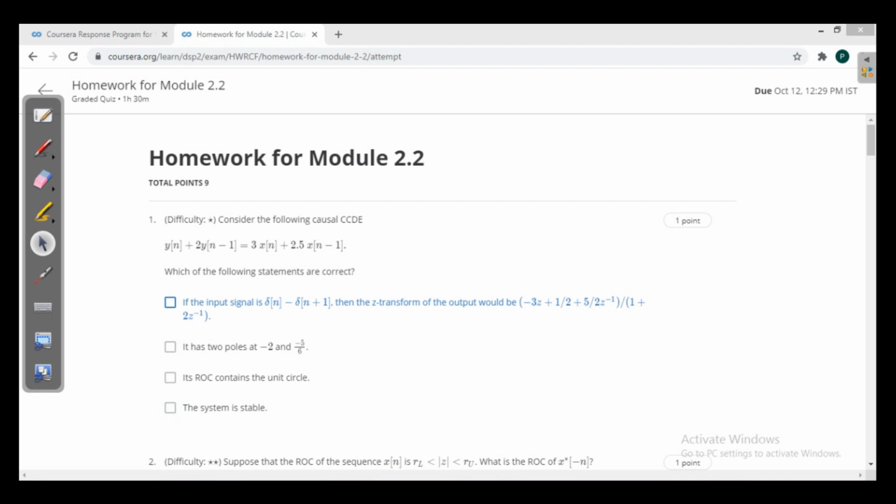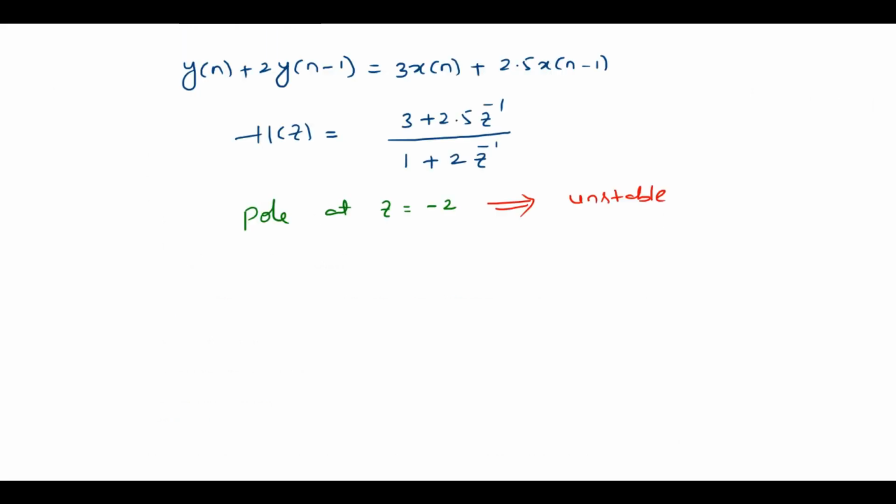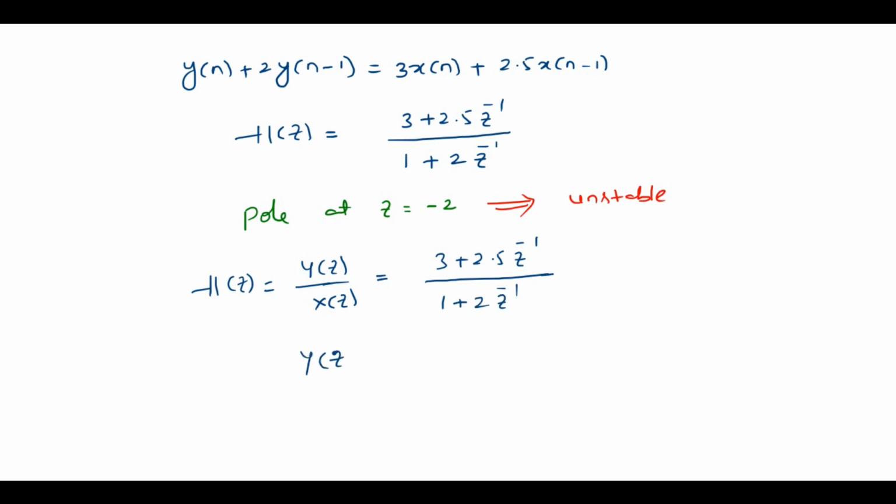So the input is del of n minus del of n plus 1. Let us see h of z, which is y of z by x of z. Its value is 3 plus 2.5 z inverse divided by 1 plus 2 z inverse. So the output y of z is x of z into 3 plus 2.5 z inverse divided by 1 plus 2 z inverse.